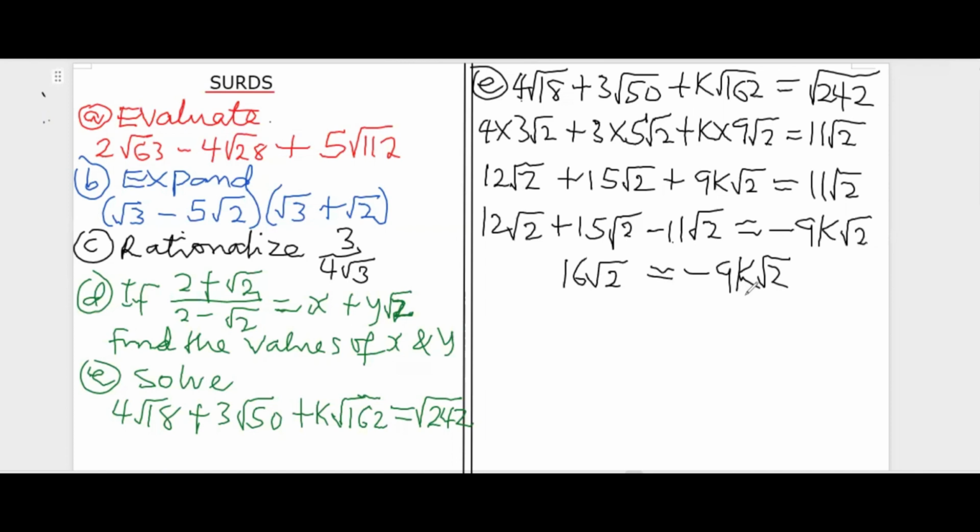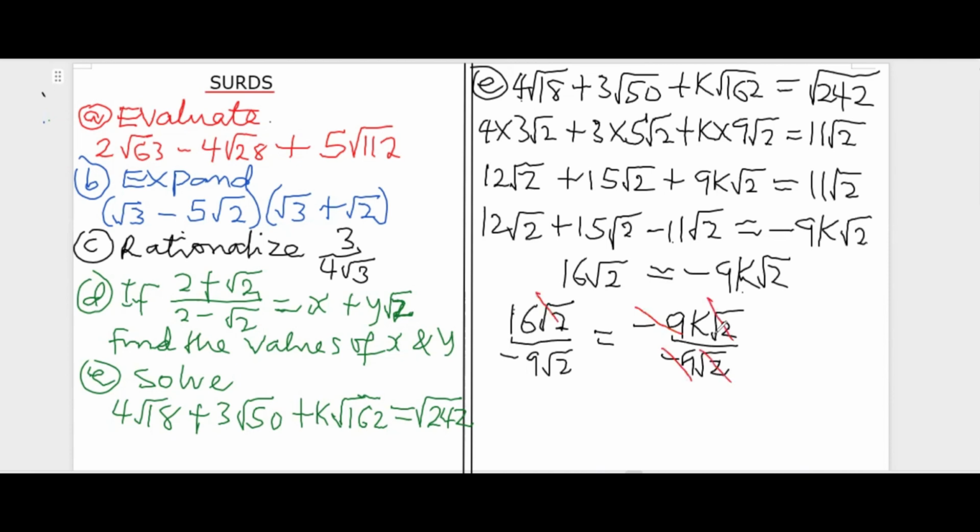We divide both sides by minus 9 root 2. So from there, we have 16 root 2 divided by minus 9 root 2 equals minus 9k root 2 divided by minus 9 root 2. And at this stage, we can see that negative 9 will cancel negative 9, root 2 will cancel root 2.